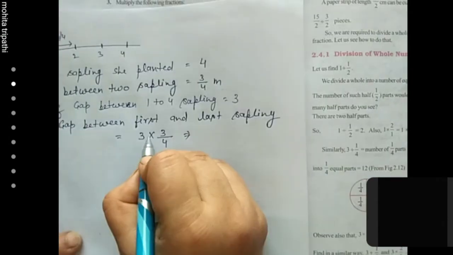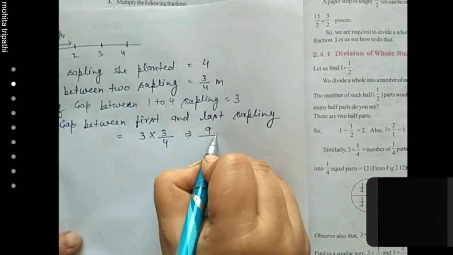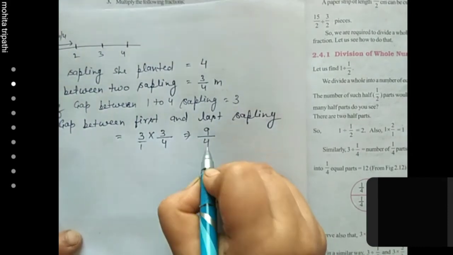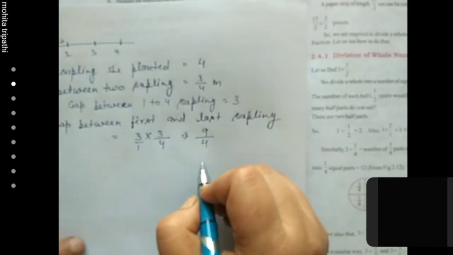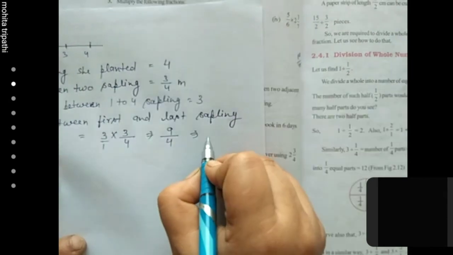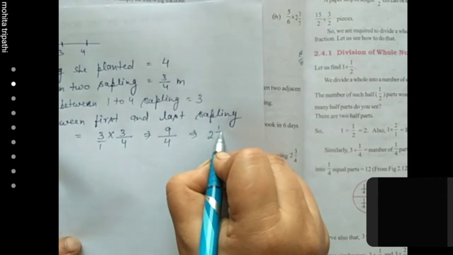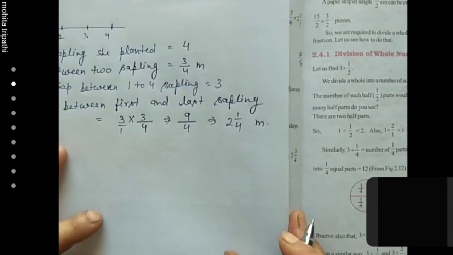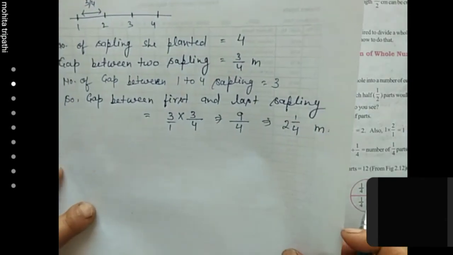So 3 3s are 9, 4 1s are 4. It is 9 upon 4 meter. Or you can convert it into the mixed fraction: 4 2s are 8, 1 upon 4, and it is meter. So this is our question number 5.